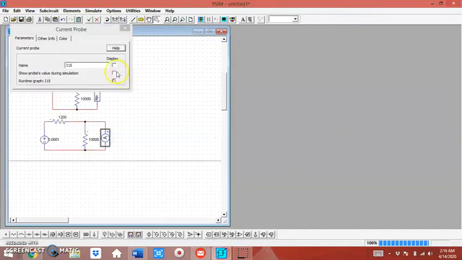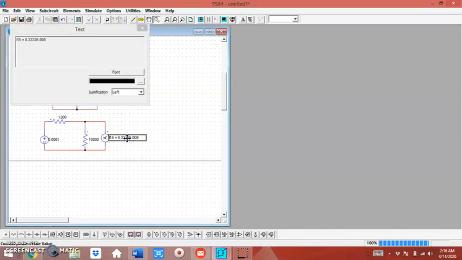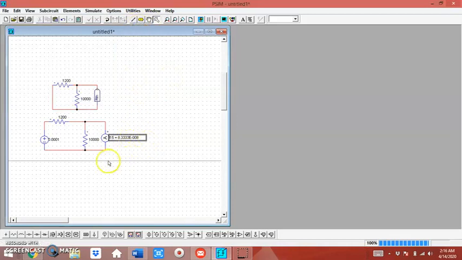For the current, we get 8.333 to the power of minus 8. So here you can find RTH by voltage divided by current. So the RN will be approximately 1.071 kilo ohm. So that is done for step 3 and step 4.